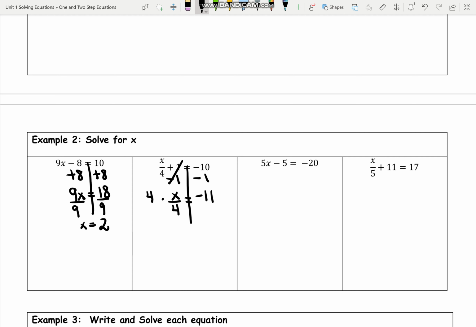I'm now going to multiply both sides of the equation by positive 4, and x equals negative 44. And again, I can check my work. Negative 44 divided by 4 is negative 11. Negative 11 plus 1 is negative 10.